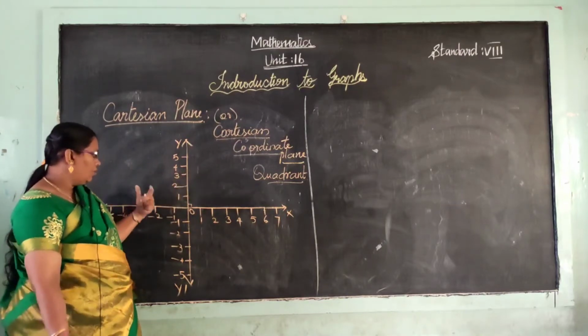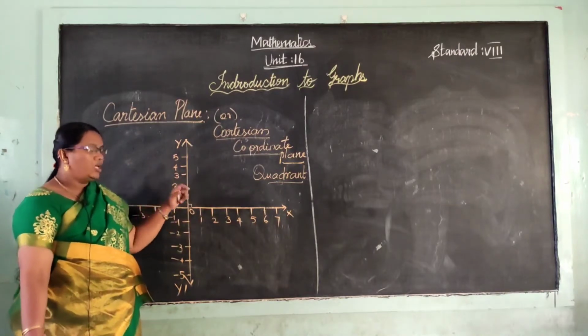It has four parts, and each part is called a quadrant.